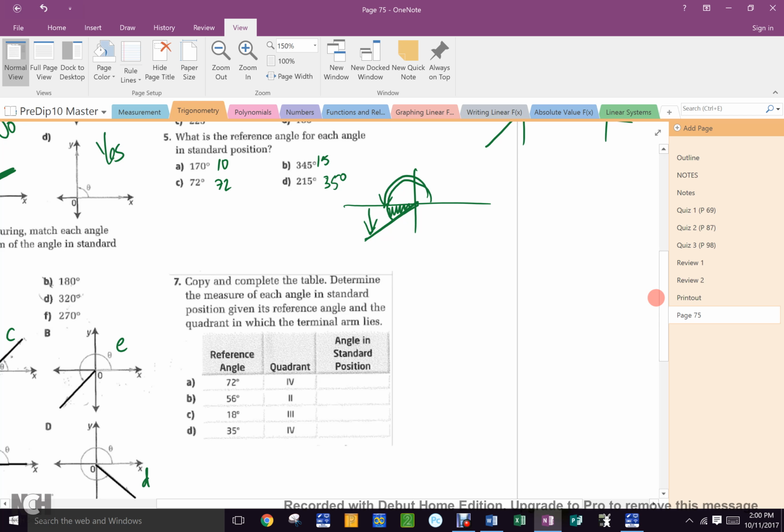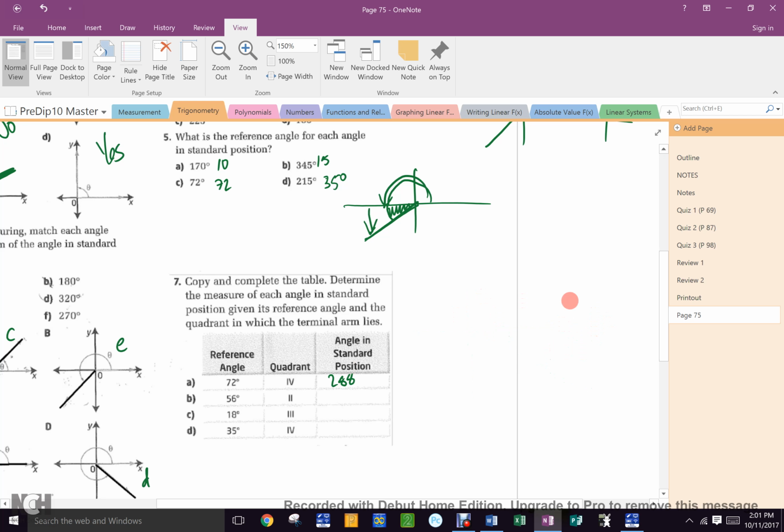Copy and complete the table. Determine the measure of each angle in standard position. If the reference is 72, but the angle is in quadrant 4, where is the 72? Right there, which means I need this distance, which is 360 minus 72, which is 288, right?